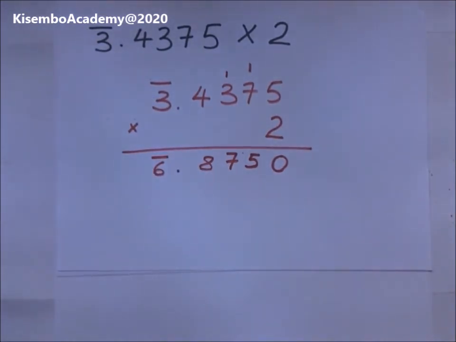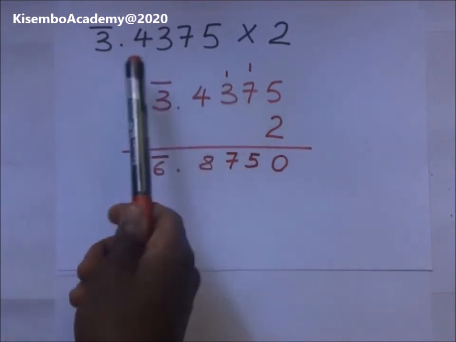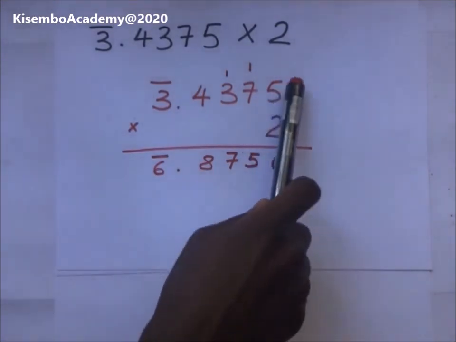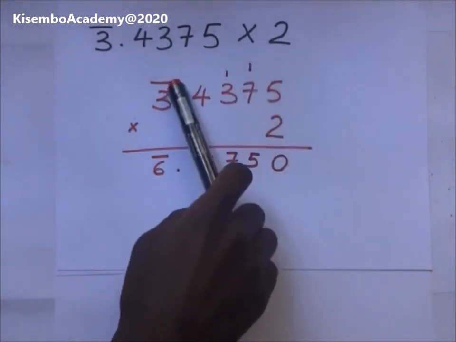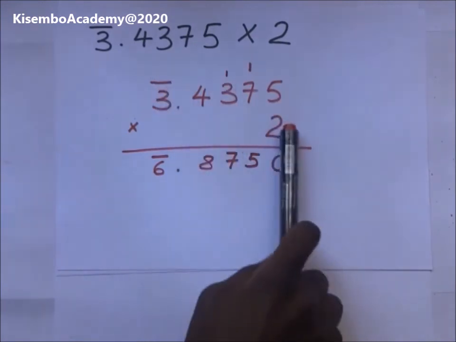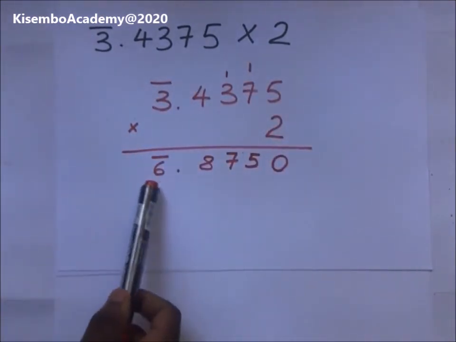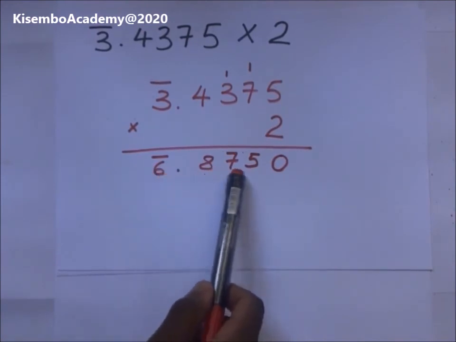So when we are multiplying logarithms, because this is a logarithm, we do it in such a way that the characteristic will be multiplied independently from this. So it means that the answer we are getting is 6 bar 0.8750.